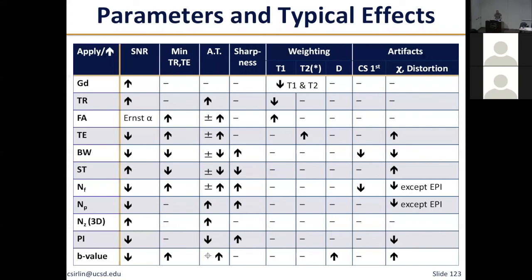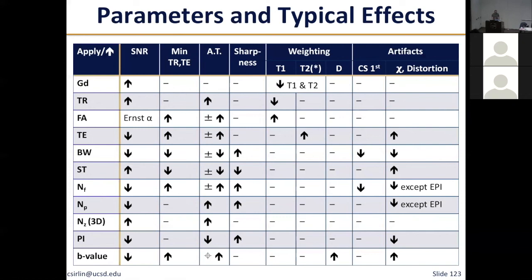Okay, so what we've talked about today in this second lecture is the effect of multiple different changes in parameters on image quality. This is a table that if anyone is interested in this lecture, just email me, or maybe we can distribute it to all the residents, and you can read this table and go over what is the effect of different imaging parameters on different parameters of image quality.